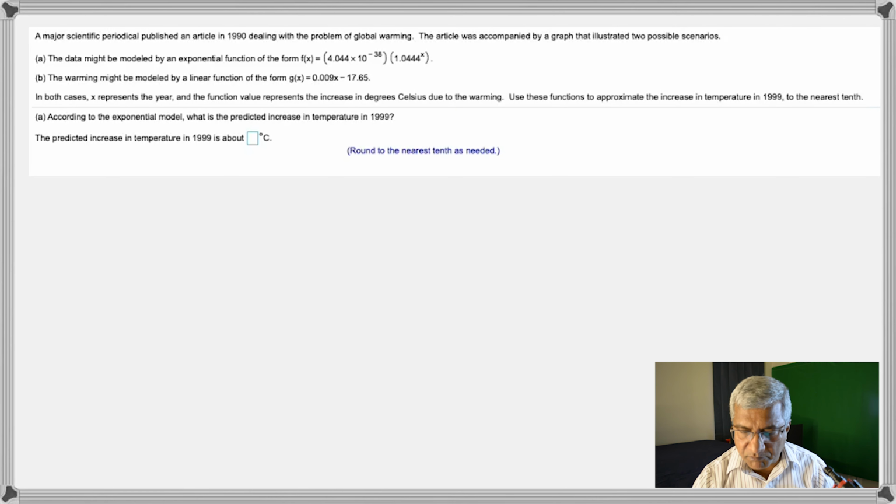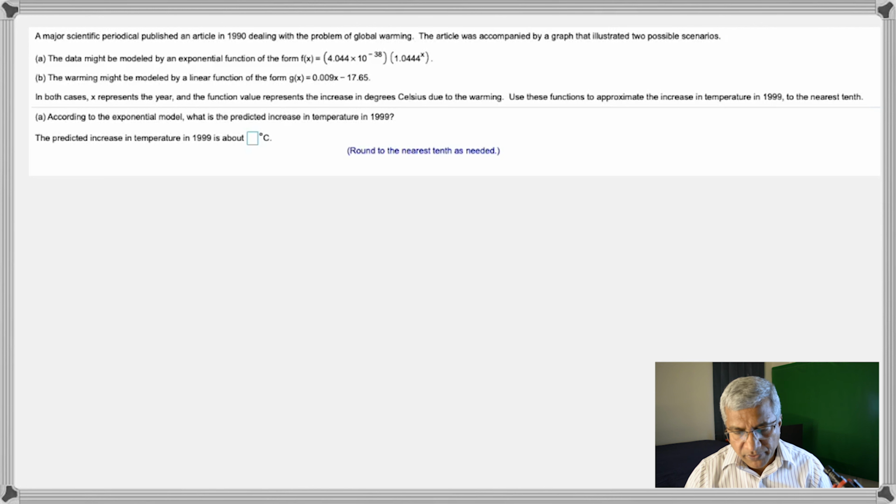Okay, here's the next. Wow, that's a big question. Let's read it. A major scientific periodical published an article in 1990 dealing with the problem of global warming. The article was accompanied by a graph that illustrated two possible scenarios. A, the data might be modeled by an exponential function, and the function is given. I'm not reading that.